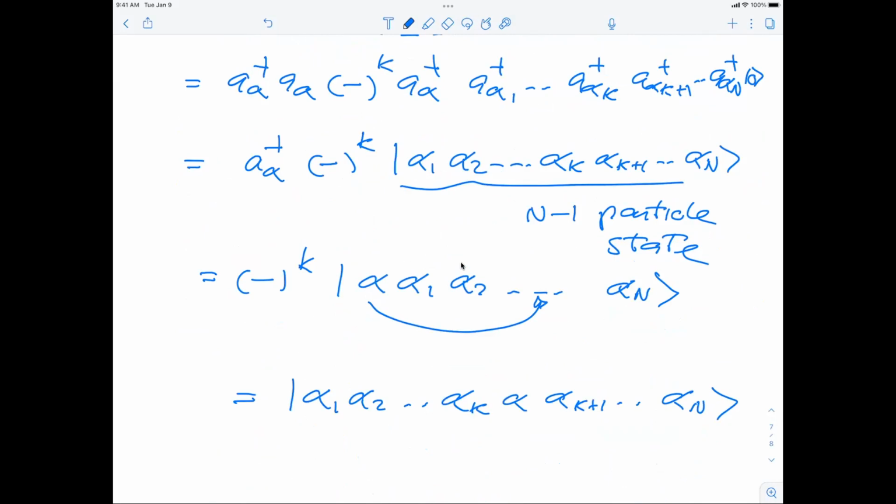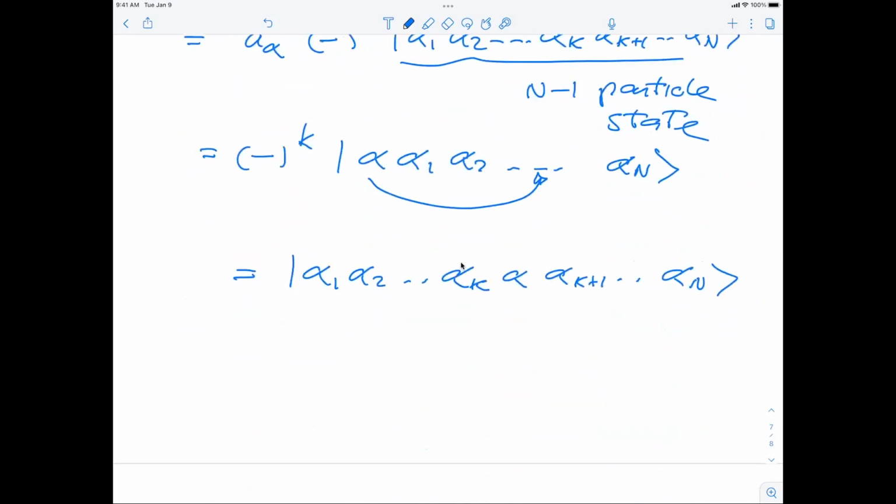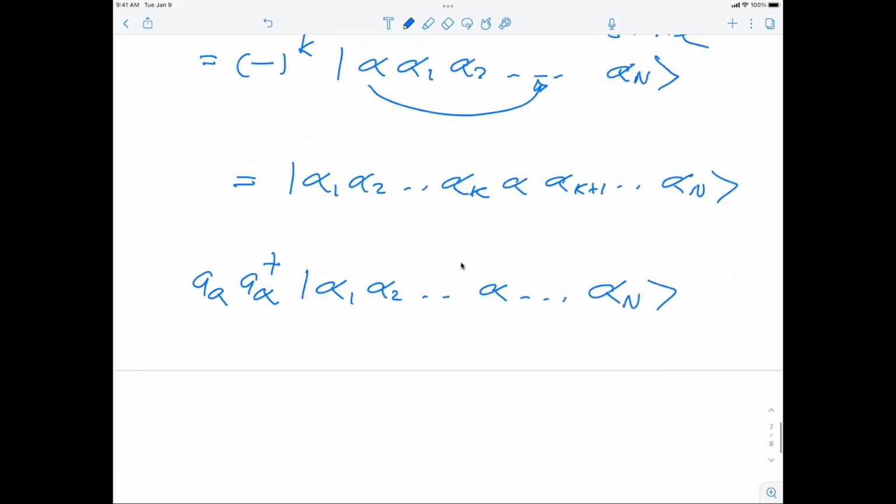So far so good, right? On the other hand, if I now take a_alpha a_alpha dagger and act on this state, and alpha is contained in this state, then what would we expect? That's zero, right? We cannot put two particles in the same slot.